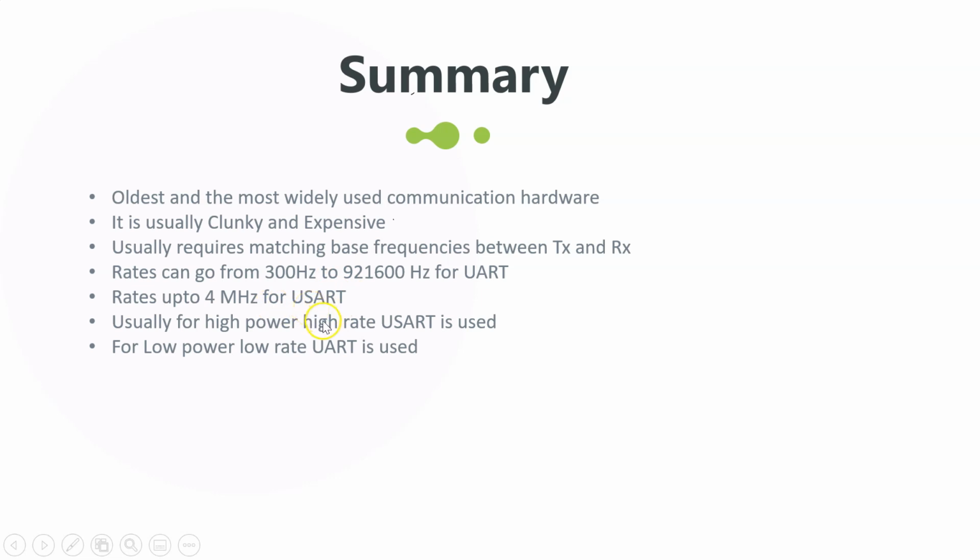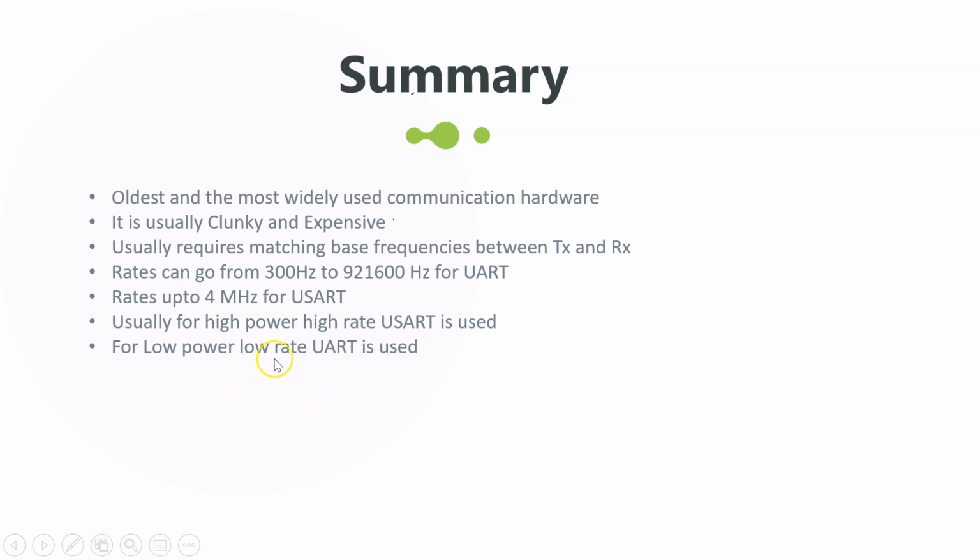Alternatively, there is also an option where the link uses a completely different line to carry the clock signal. The use of the external clock allows the data rate of USART to be much higher than standard UART, often reaching almost 4 megahertz. Because it's a high frequency, you tend to use USART for high frequency, and hence it consumes a little more power than normal UART.